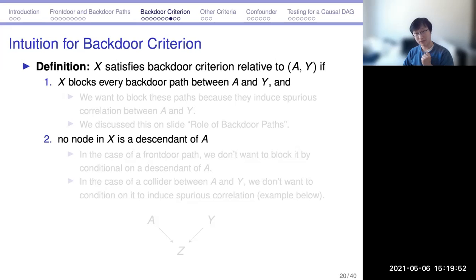We have seen some examples, and next lecture we will explain more why the backdoor criterion implies conditional ignorability, and we'll see how we define a confounder and how we test a causal DAG. Right now we are always saying that the causal DAG is taken for granted, but how do we construct one? How do we test whether a particular causal DAG is correct or not? We'll see these topics next time.